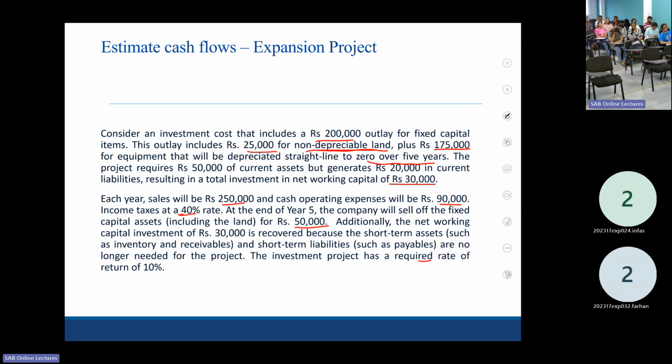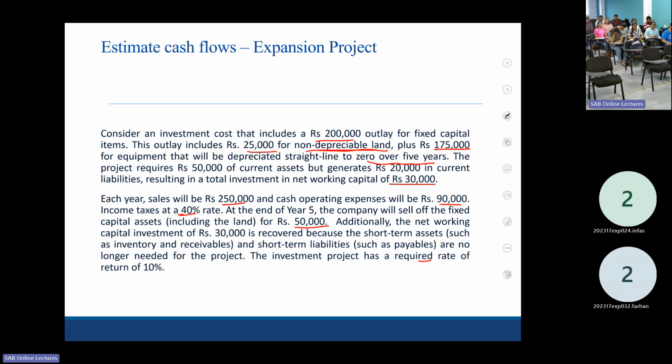So what you have to do is determine for this project the initial year cash flow, the annual after tax operating cash flow for the 5 years, and the terminal year cash flow. Based on these cash flows, we are going to calculate NPV, IRR, payback, everything. So initially, you have to estimate the cash flow.